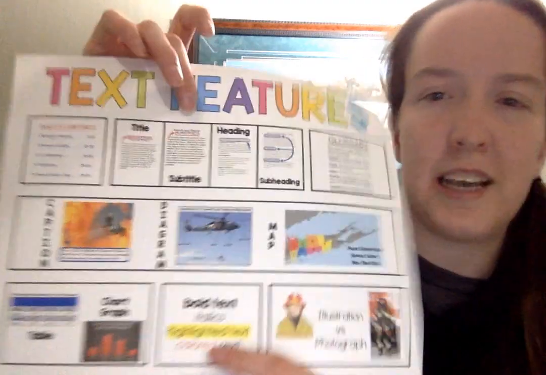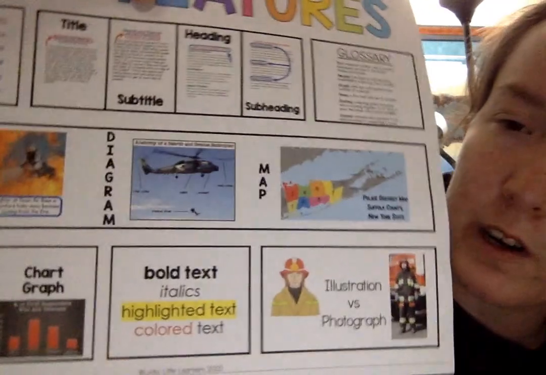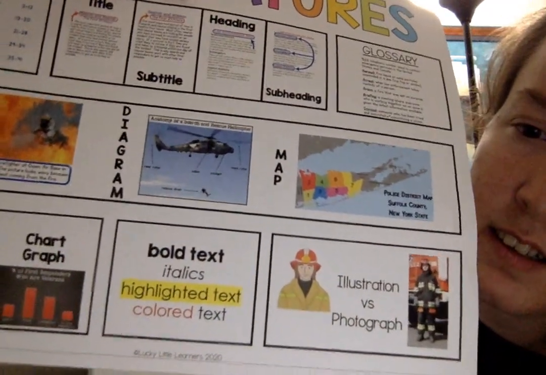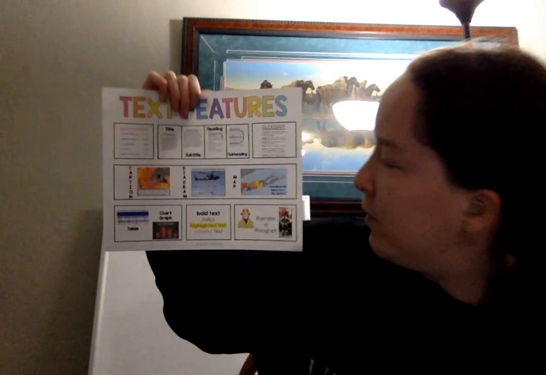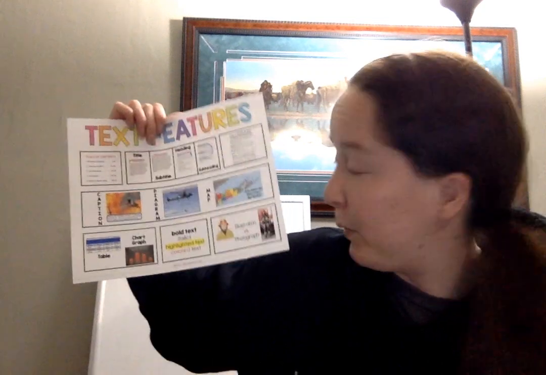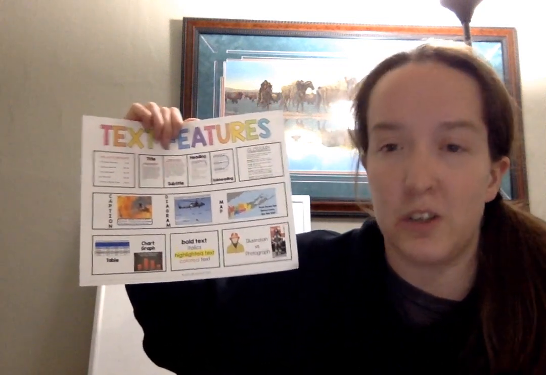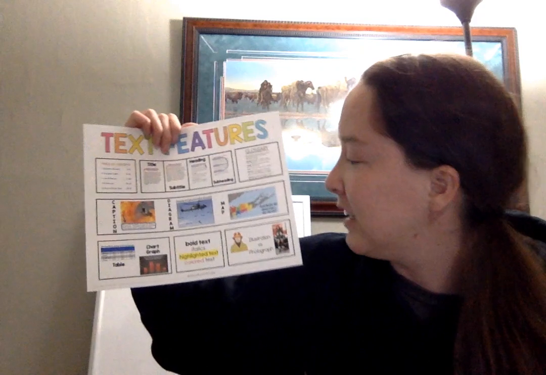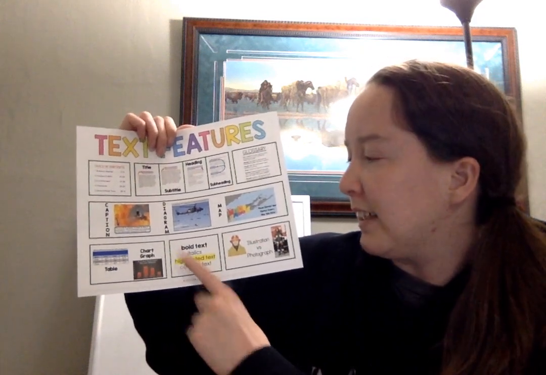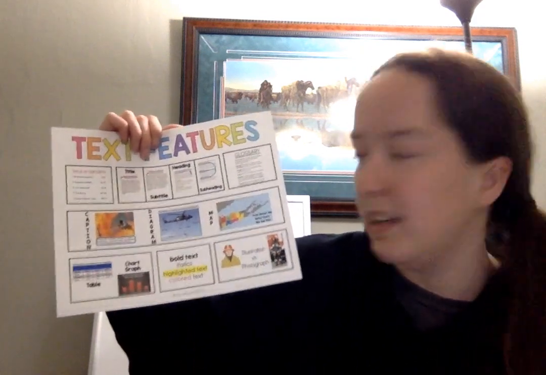This is all just text that is different or unusual from the rest of the text. Bold text usually means it might be a vocabulary word or something that it wants you to know that is important for the text, as well as italics, highlighted text, and colored text.